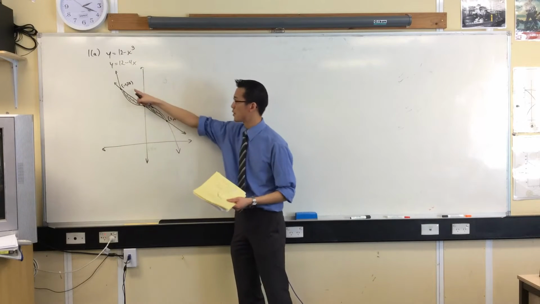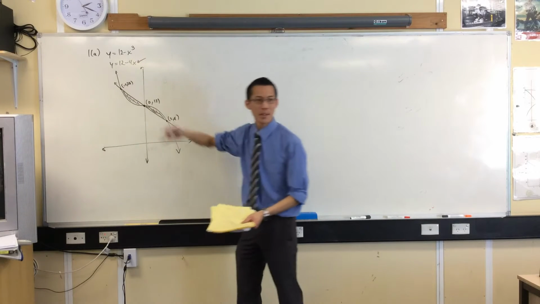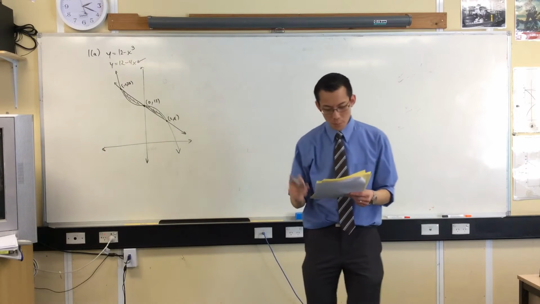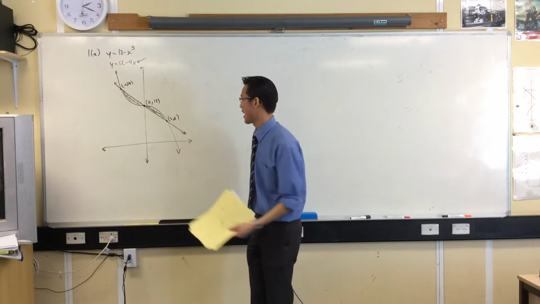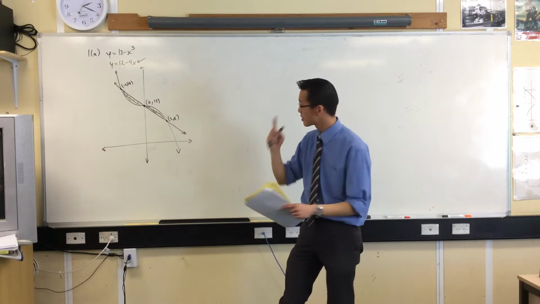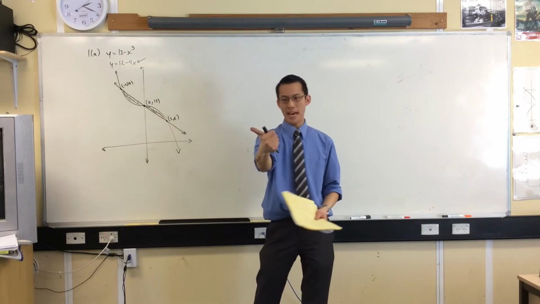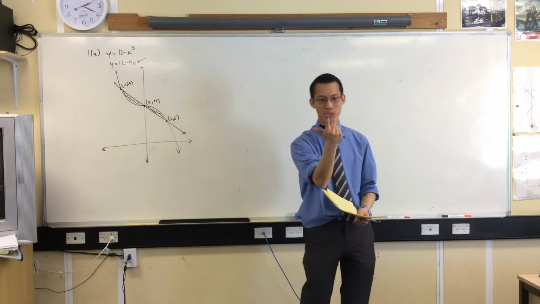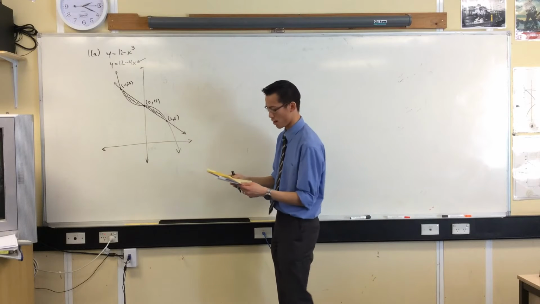The second mark was for putting it back into either of the equations, if you were smart, that one, to get your y values. 1 mark for getting these graphs decent looking, with curvature and all that kind of thing in a reasonable sense. And then the last mark was for getting that region right. X, Y, graphs, regions, 4 marks, right? An easy 4 to start you off.